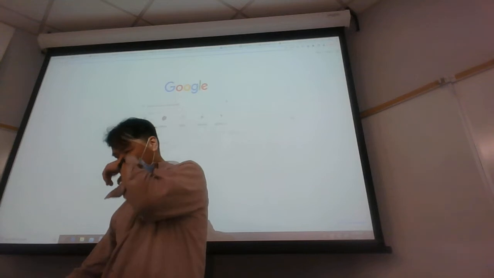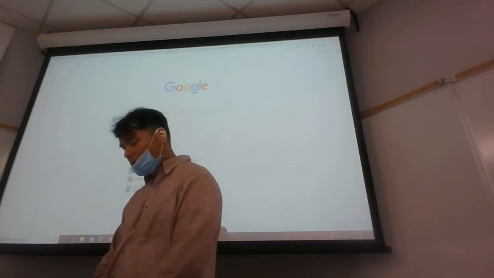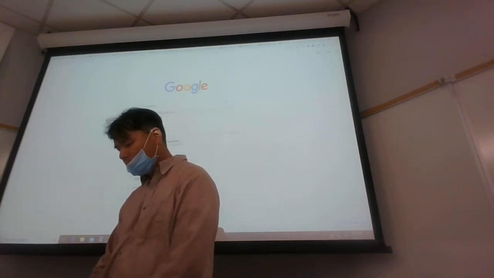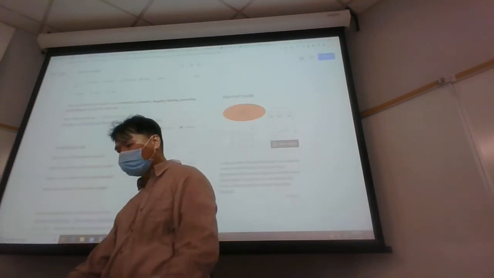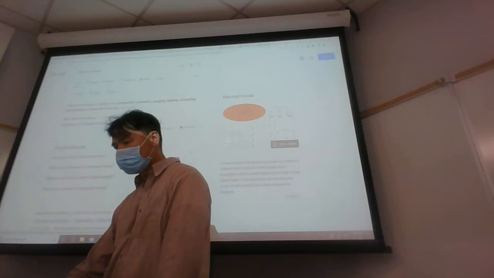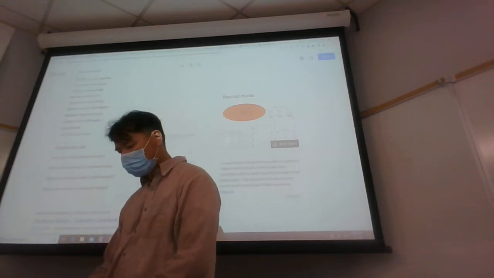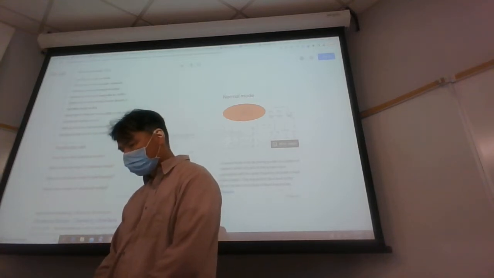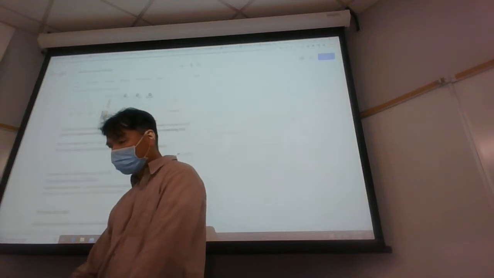We can take a look at some vibrational modes of water. Water has this kind of asymmetric shape in a way. It does have some symmetry. Vibrational modes of water. And so we can see how things vibrate here.